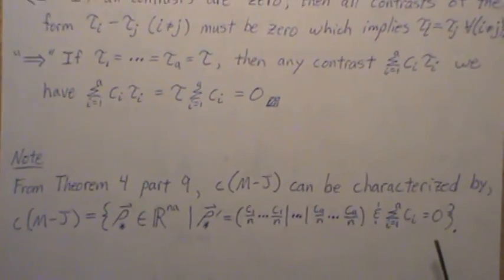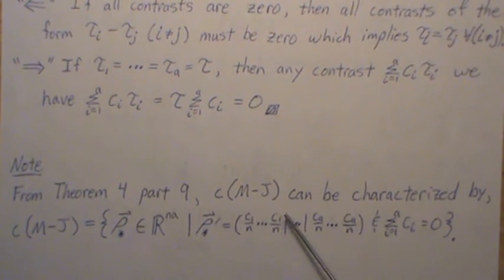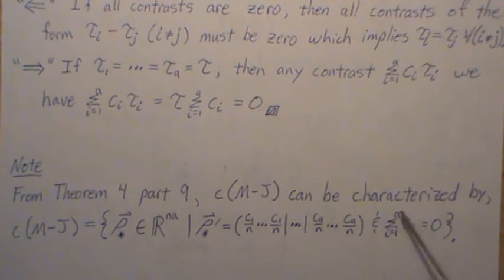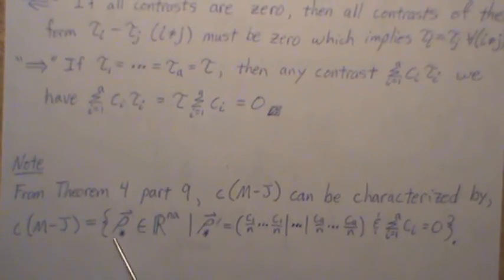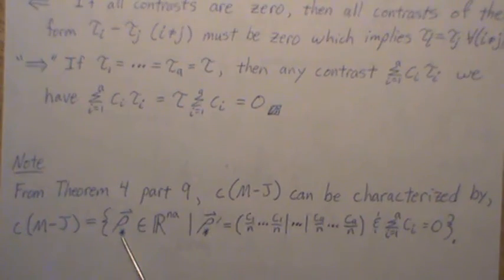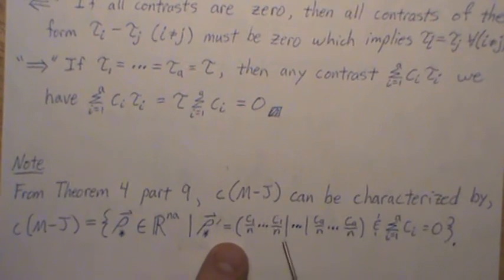Now one last note, which I just find intriguing, from theorem 4 part 9: the column space of M minus J can be characterized in the following way. It's represented by this rho star vector, which means it's of the form this. The first n components are C1 over n.